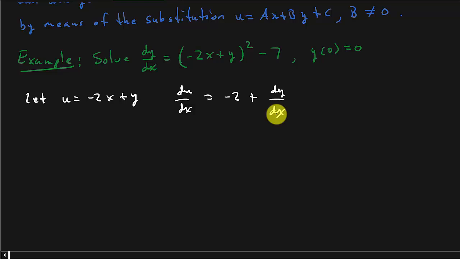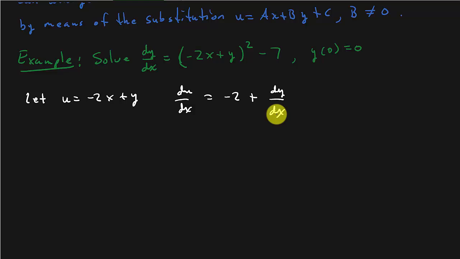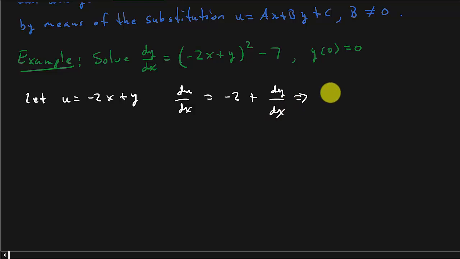So let's do our substitutions. So you can see that this means that dy dx is equal to du dx plus 2, right? So this I'm going to put in the place of dy dx. So I've got du dx plus 2 is equal to u squared minus 7.